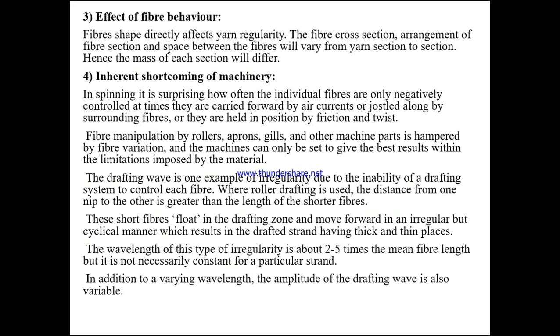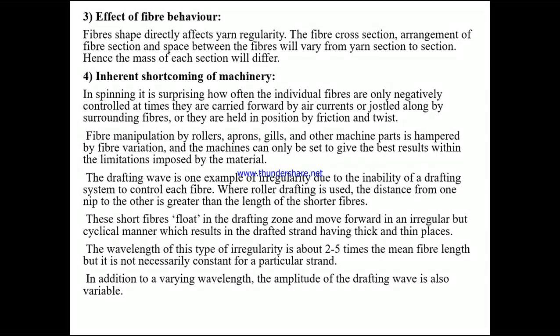At times, they are carried forward by air currents or jostled along by the surrounding fibers, or they are held in position by friction and twist. The fiber manipulation by rollers, aprons, gills, and other machine parts is hampered by fiber variation, and the machines can only be said to give the best result within the limitations imposed by the material.